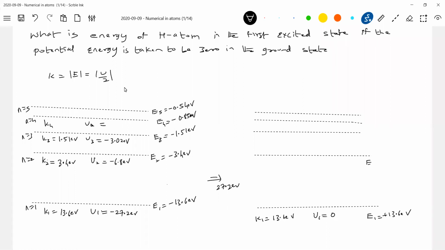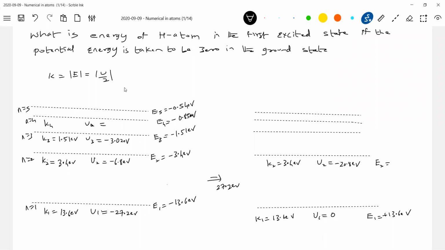Let's come to this: E2, U2, K2. This will not change. When you add 27.2 electron volt, the potential energy will be altered everywhere. So how much will it become now? Sir, what are you actually doing?